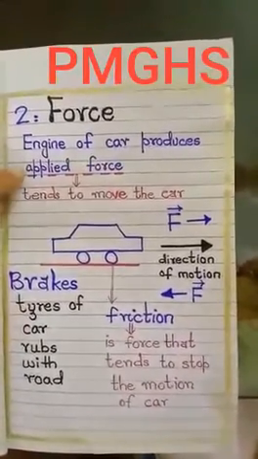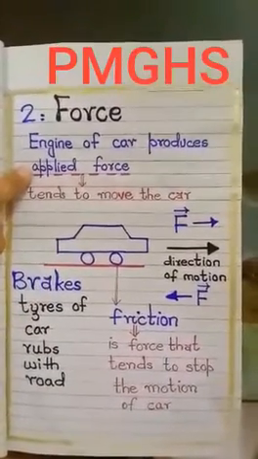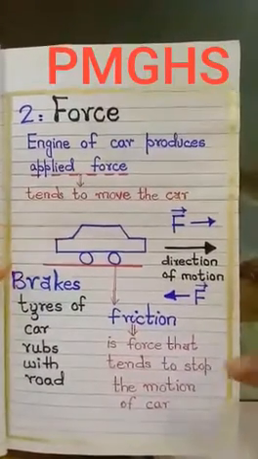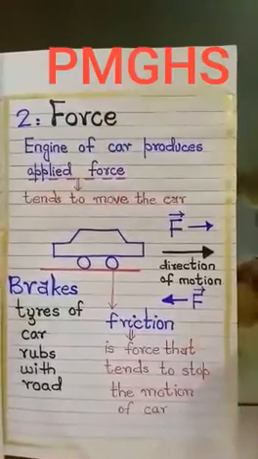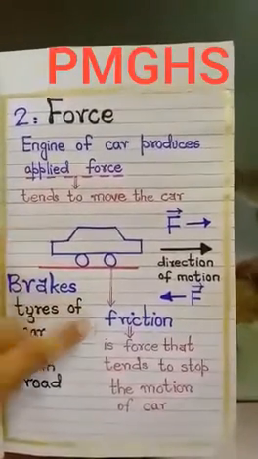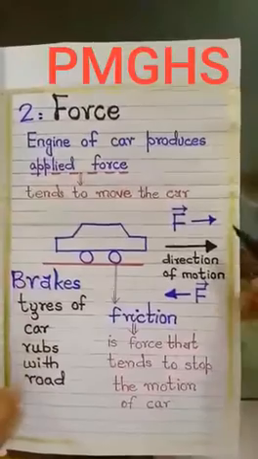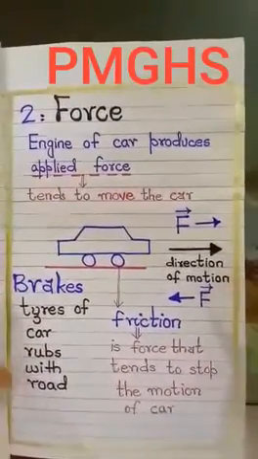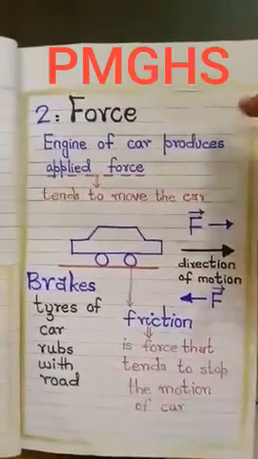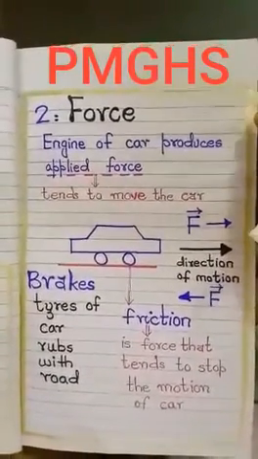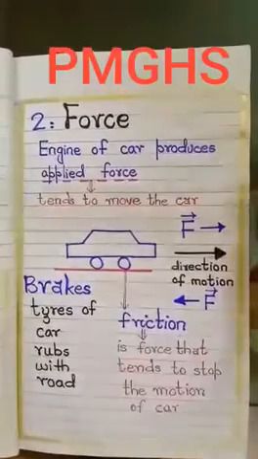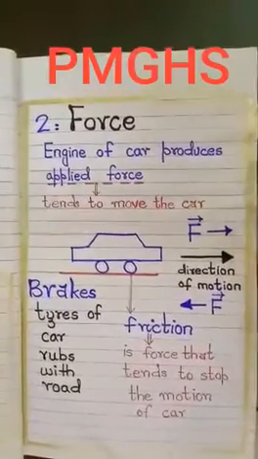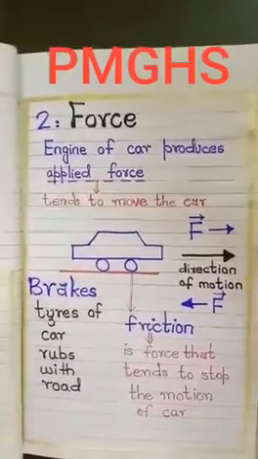Because this is the applied force. It starts the motion, and friction is the force that stops the motion. The functions of these two forces are opposite, so their directions are also opposite. So whenever we talk about force, we must mention direction along with its magnitude. So it is a vector quantity.